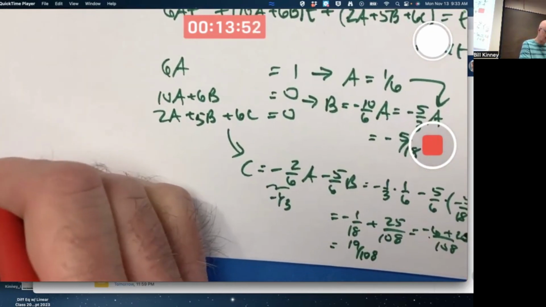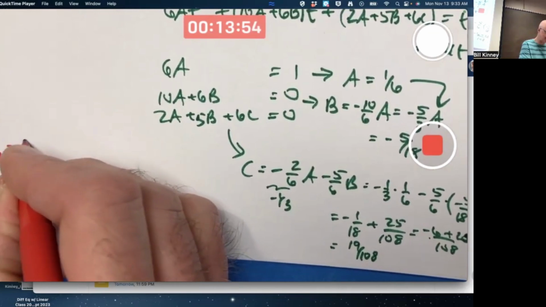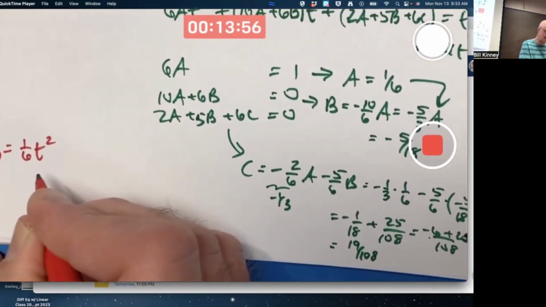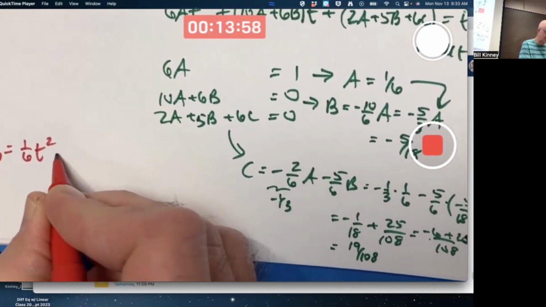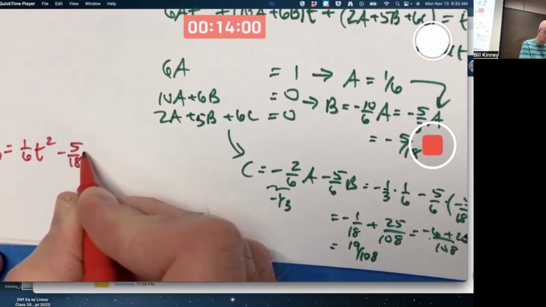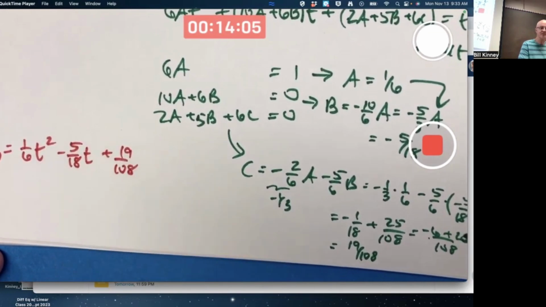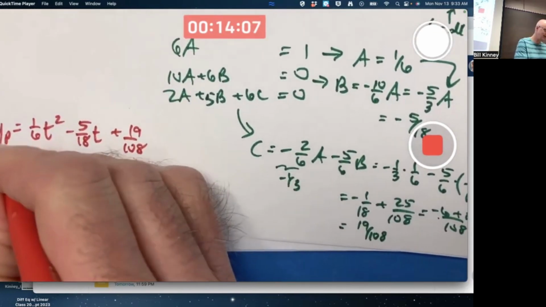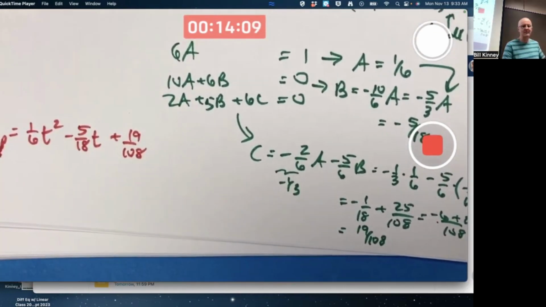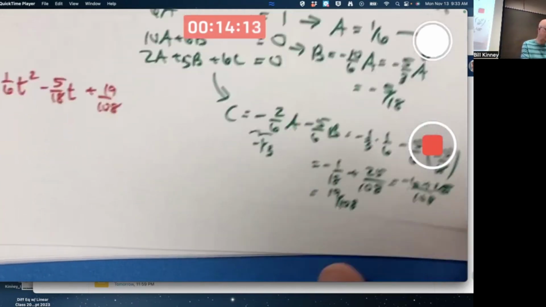So YP is going to be, A was 1/6, 1/6 t squared. B was negative 5/18. That gets multiplied by t, and then your constant term is 19 over 108. Not done. That's just YP. Now we need a general solution of the original homogeneous equation.